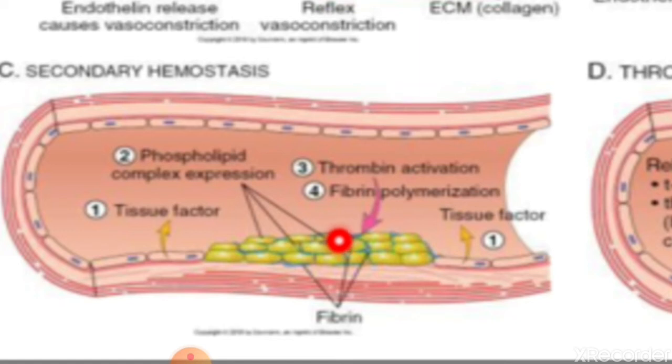And this is done by the activation of fibrinogen to form fibrin by many coagulation factors. And in the activation of clotting factors, in fact, when a factor is activated, it will activate another factor and so on.